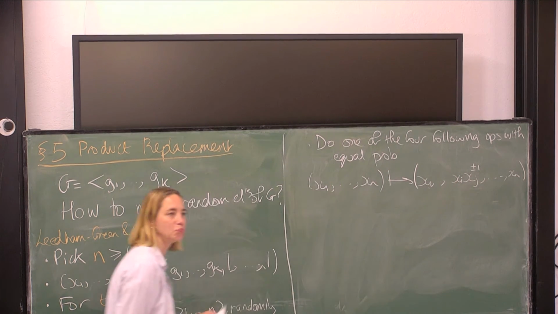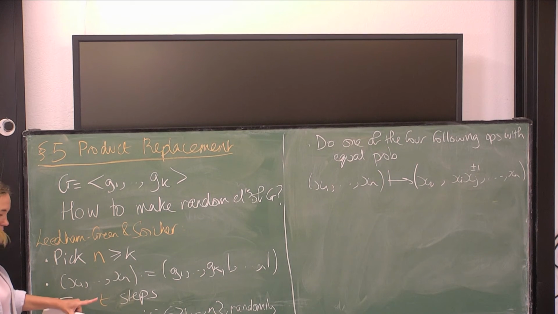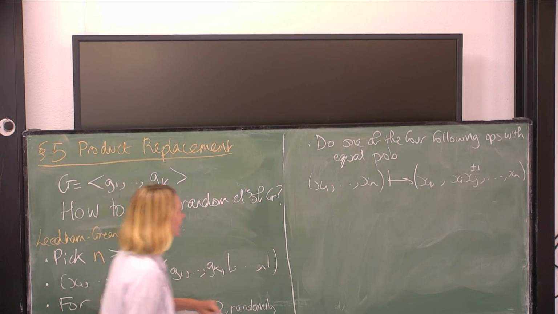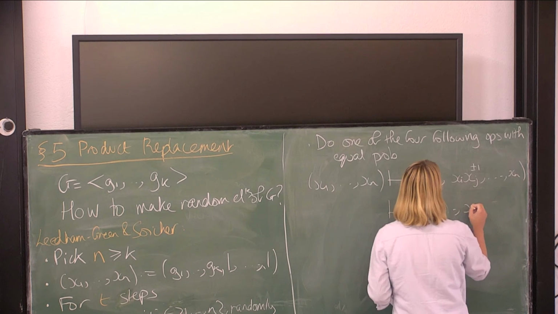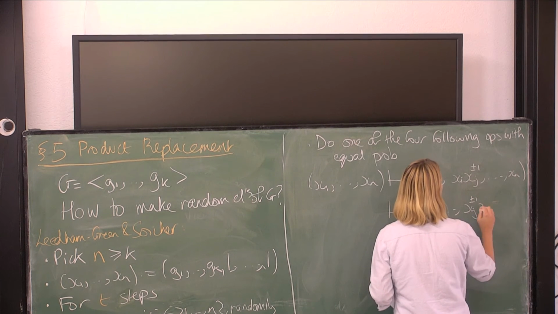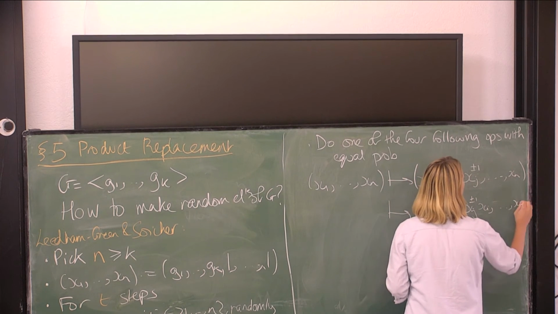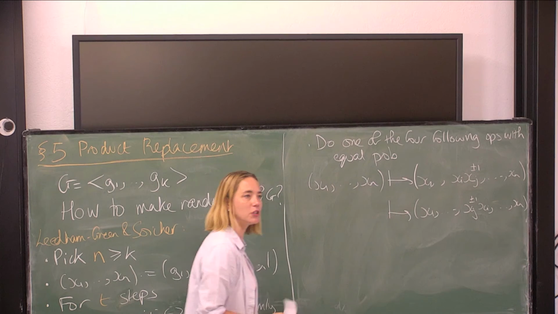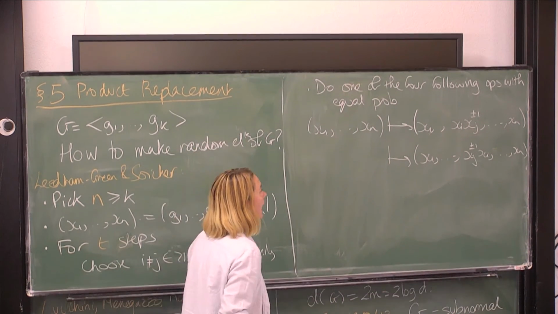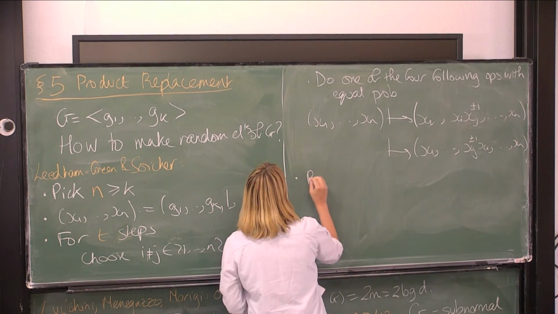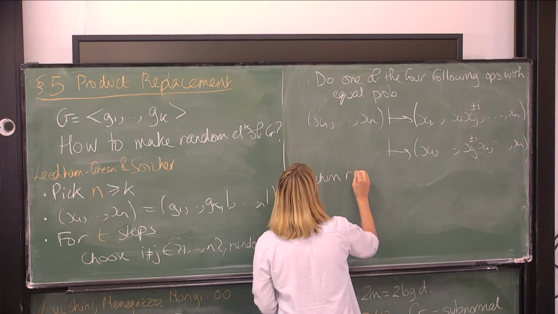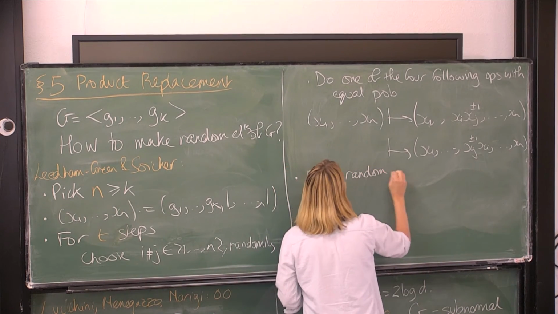So you just hit xi on the right by xj or xj inverse, or you can hit it on the other side: xj to the plus or minus 1 times xi, leave the rest alone. So you multiply it on the left or the right by xj or xj inverse, and then after your t steps, you return a random xi.